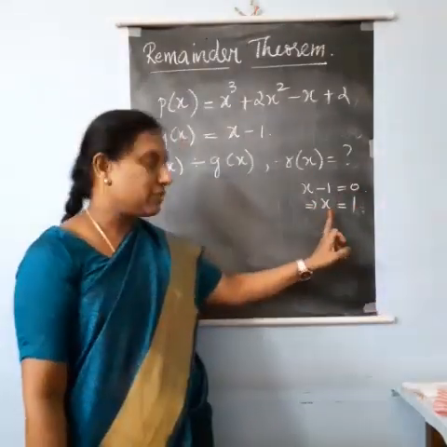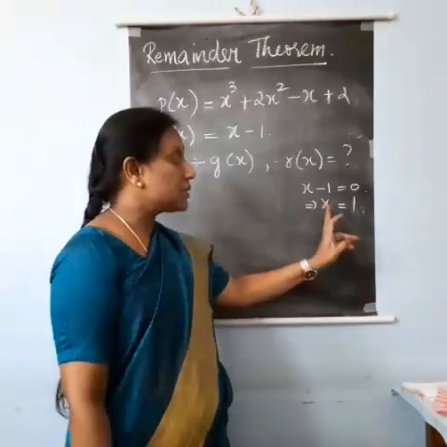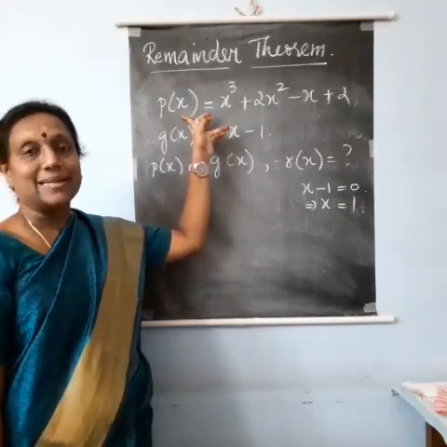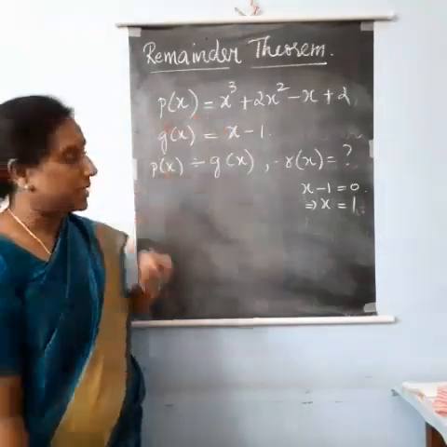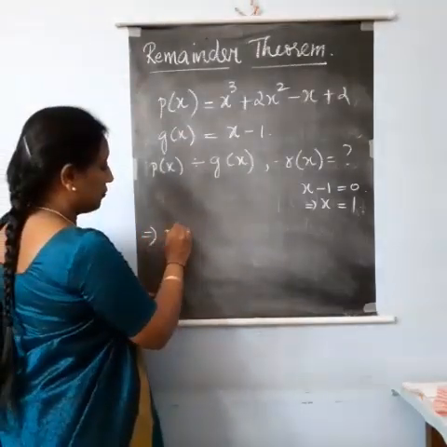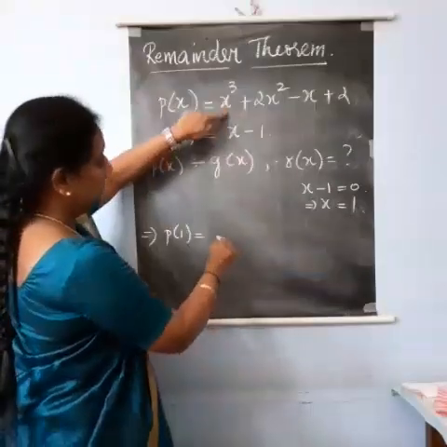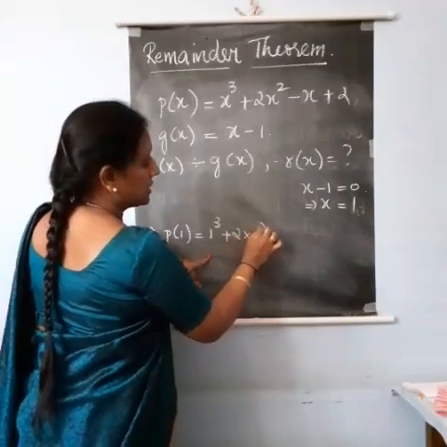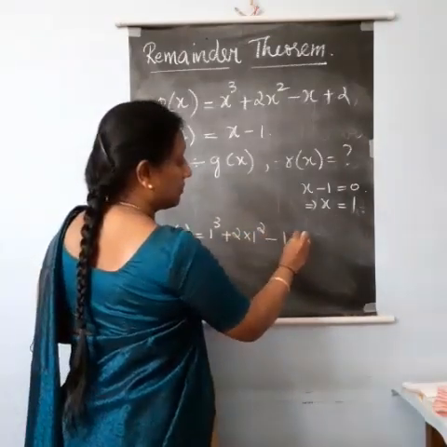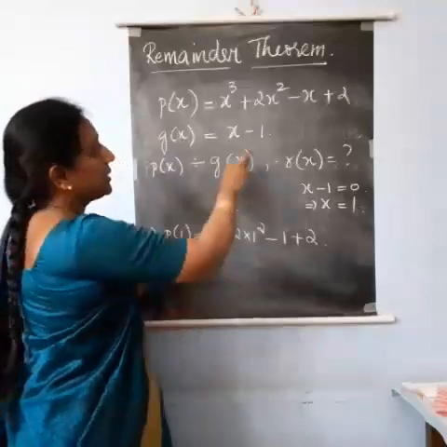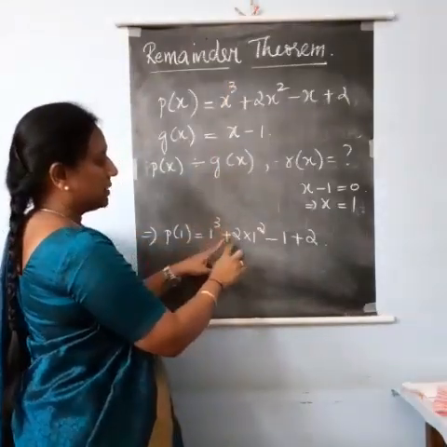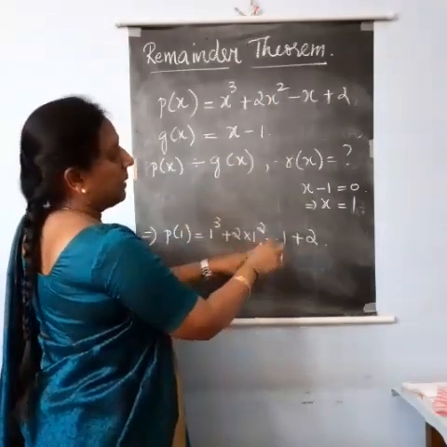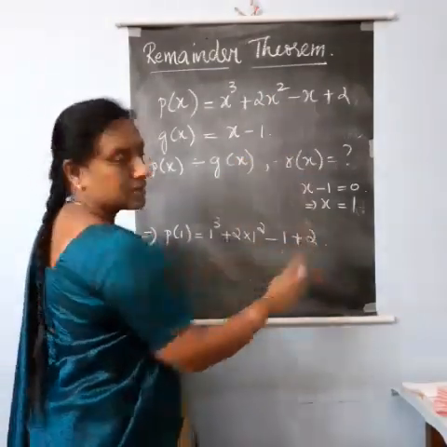So once I have got the value of x, I can substitute this value in p of x and get the remainder. That implies p of 1 is equal to 1 cubed plus 2 into 1 squared minus 1 plus 2.